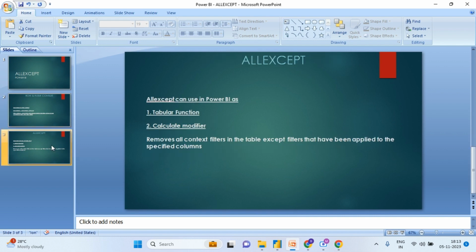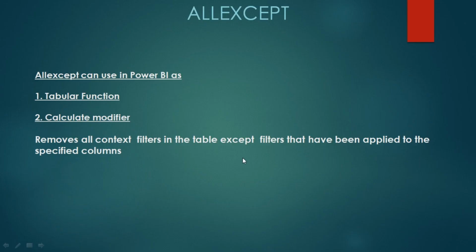Let's move to ALLEXCEPT. What is ALLEXCEPT and where are you going to use this? ALLEXCEPT can be used in Power BI in two ways. One is it can be considered as a table function. The other one is as a CALCULATE modifier.